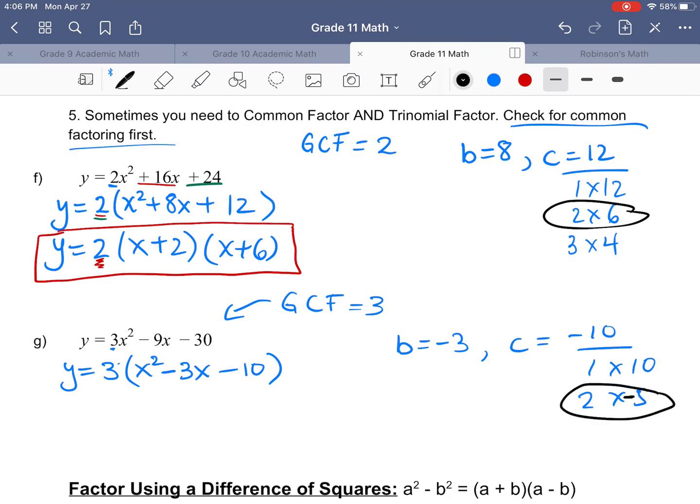And 2 plus negative 5 gives us negative 3. Right? So 2 plus negative 5 is equal to negative 3. And that's our B value. So those are the two numbers we are looking for. So your final answer will be y is equal to 3 times x plus 2 times x minus 5.